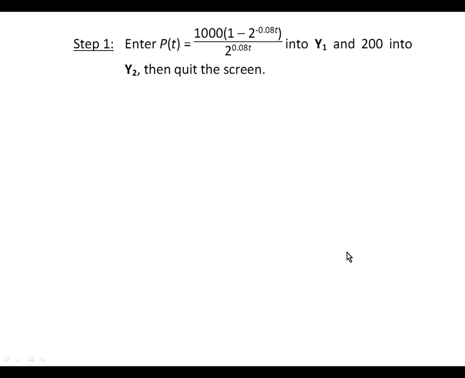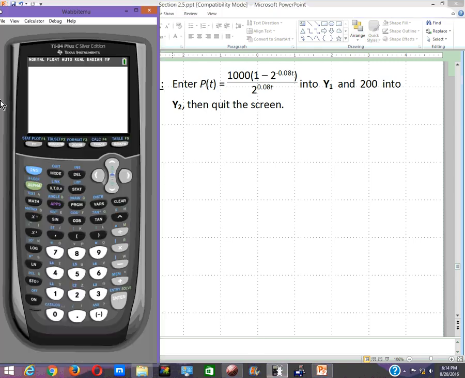So, step 1, enter that into y1, the P of t, and 200 into y2, and quit the screen. Let's get to that stage. In y equals, that's where we're going to put the P of t, the population.